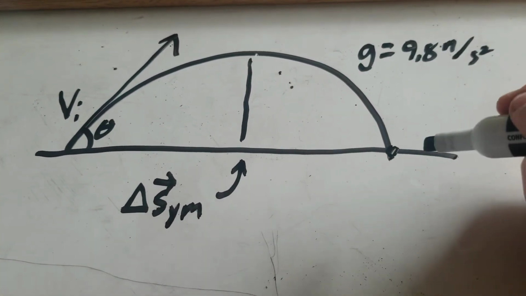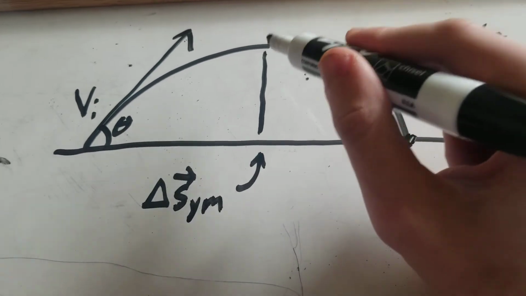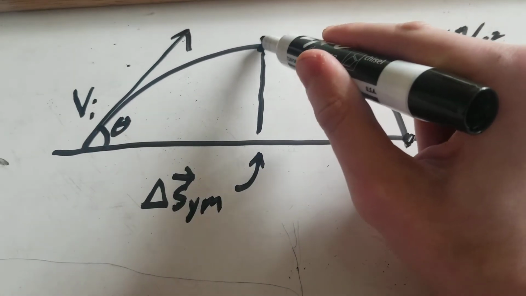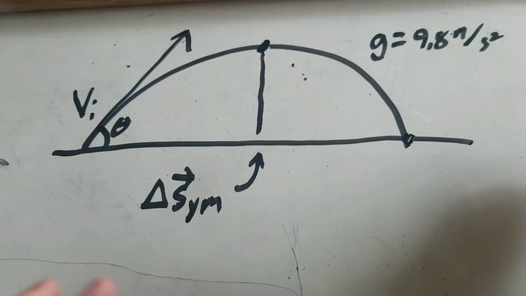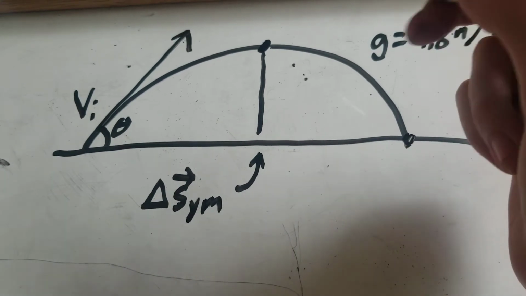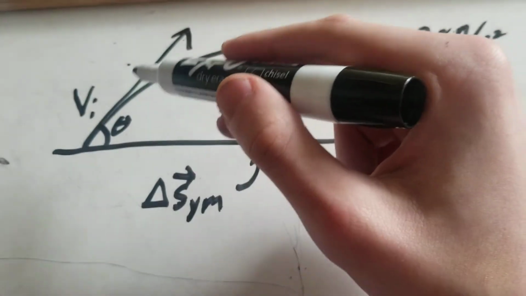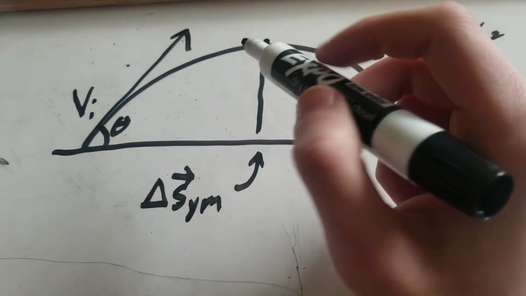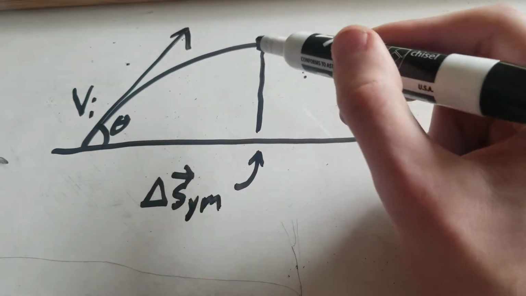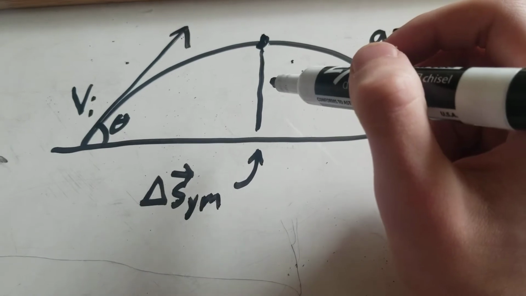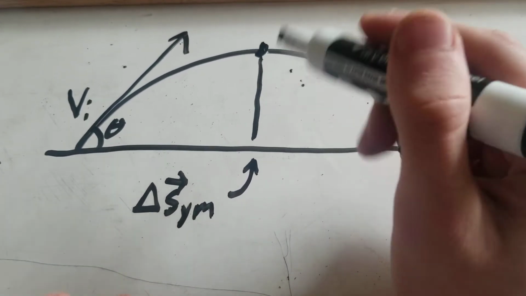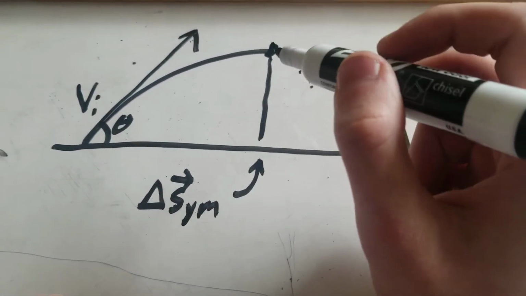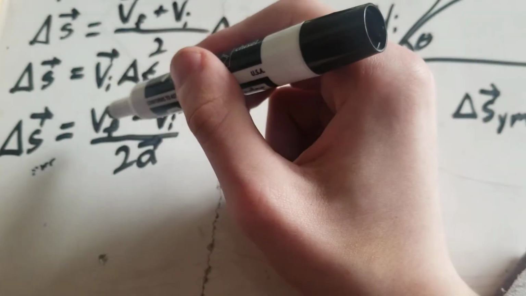But this time, we want to find the maximum height. Now, I want you to tell me what's special about this point right here. What do we know about this point? Even if v initial or theta or g is different, what's something that's always going to be a given, no matter what constants there are? Well, the key was our final velocity thing here.